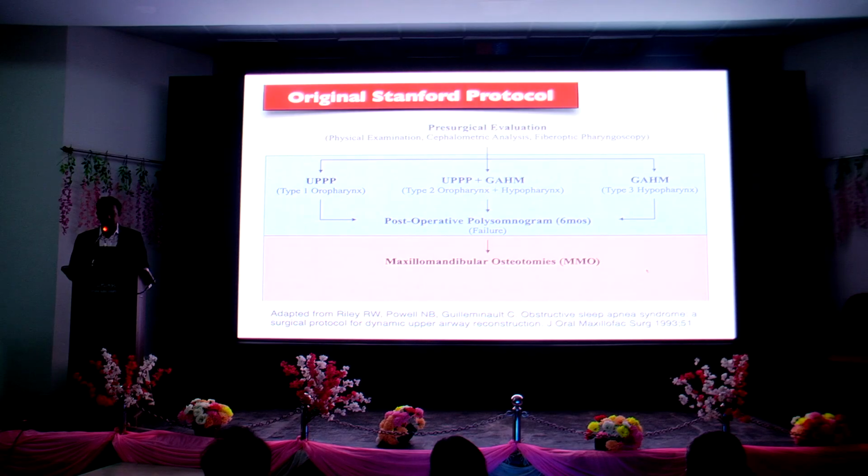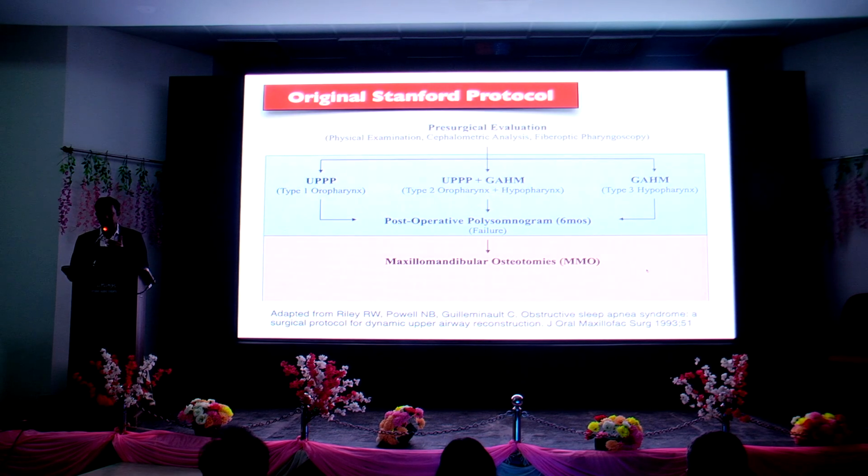So based on that, the original or the older Stanford protocol was identifying the level of obstruction, whether it is retropalatal, purely retroglossal, or retroglossal and retropalatal. Depending upon that, they suggested phase 1, phase 2 surgery.